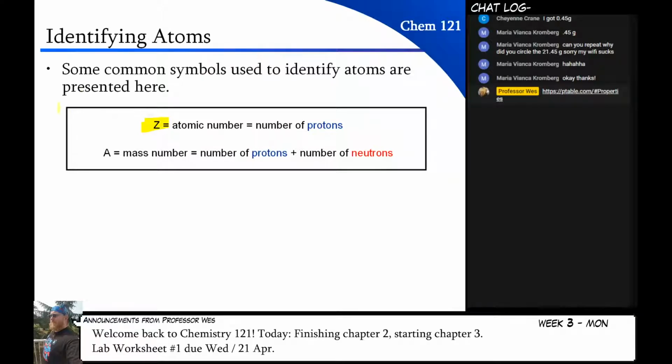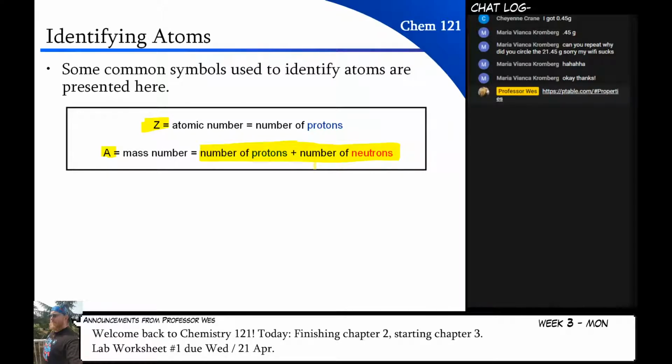A, however, is something different. A is what we're going to call the mass number, and the mass number is the number of protons and the number of neutrons added together. And I'm highlighting this one because this is the one that everybody always screws up. Because it's not just the number of neutrons, it is the number of both protons and neutrons added together.